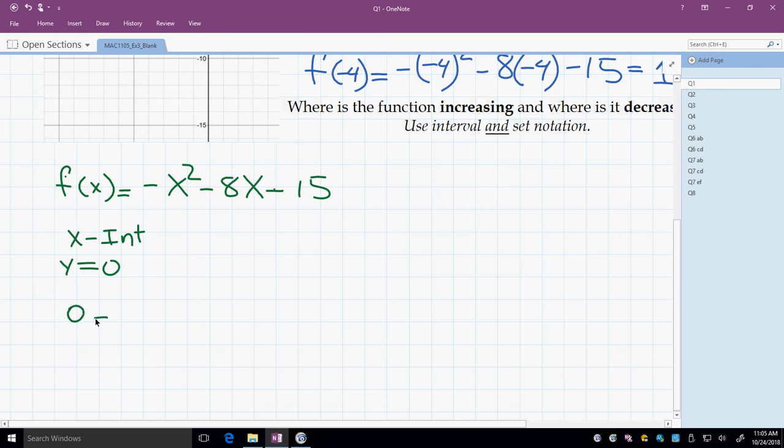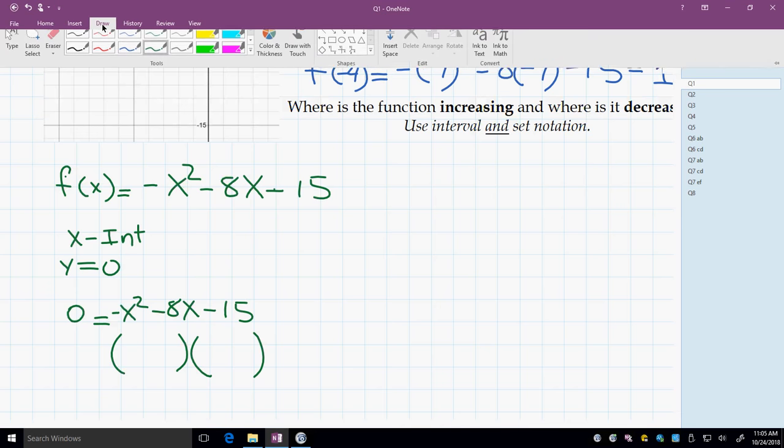So we're going to have 0 equals negative x squared minus 8x minus 15. What we need to do is factor. Open a set of parentheses. Oh, I don't like that negative there. So the first thing that I'm going to do is to put negative 1 as a common factor, so I don't have the first term as negative.